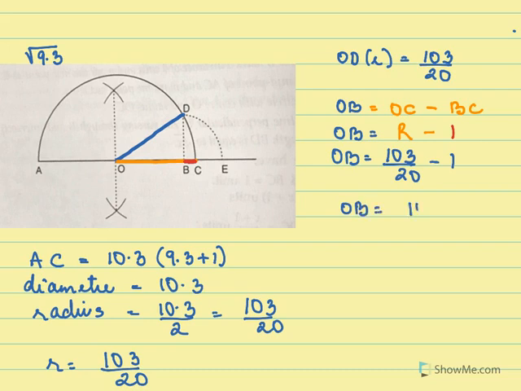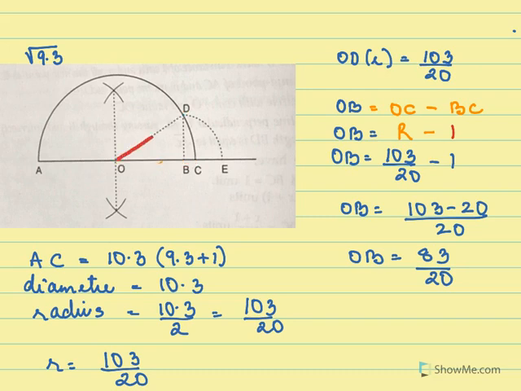So OB is 103 minus 20 over 20. So OB equals 83 over 20. Now it's time for us to use the Pythagoras theorem.